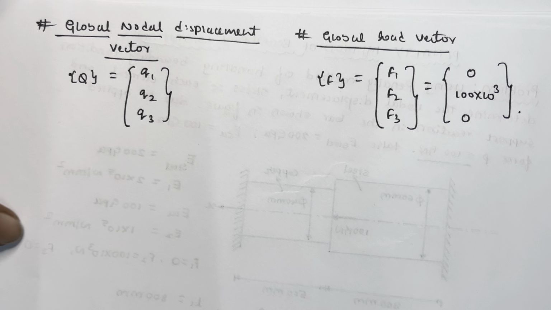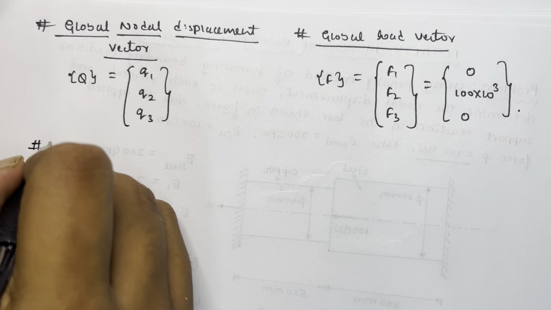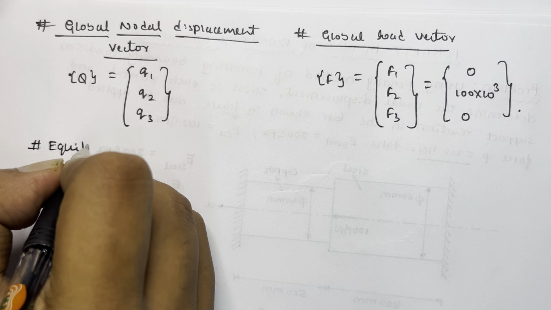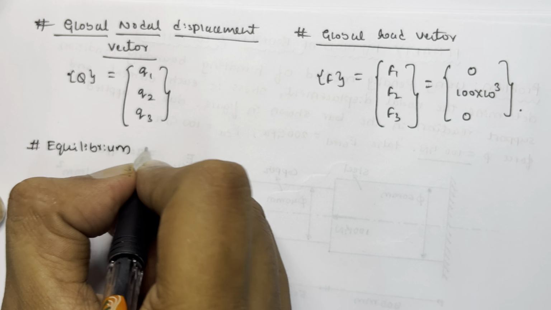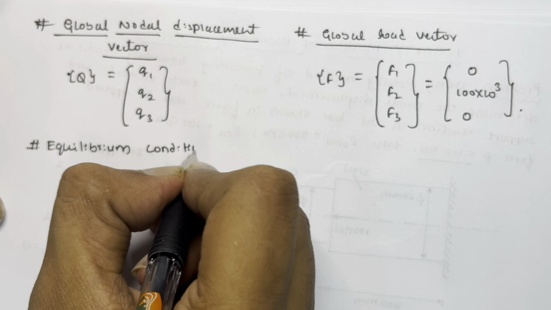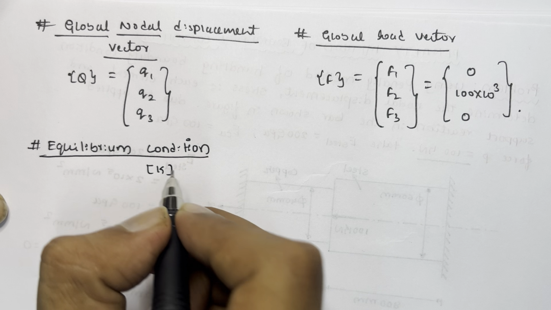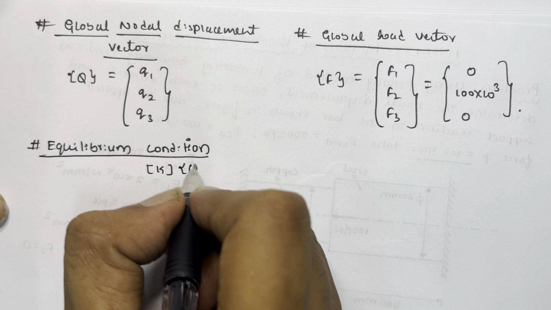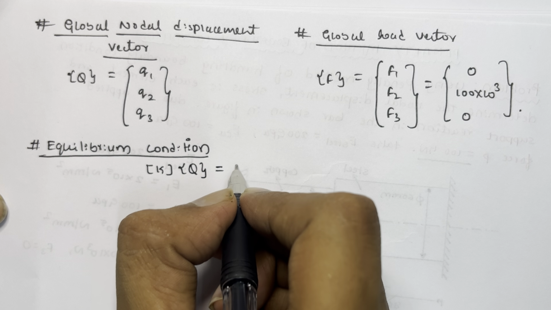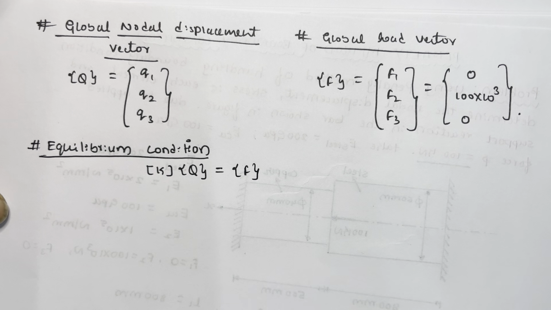Now I will write the equilibrium condition. Equilibrium condition is given by K, that is the global stiffness matrix, times the global nodal displacement vector, equals the global load vector.